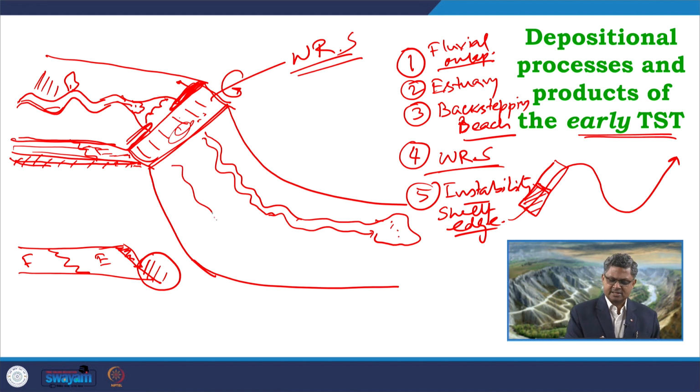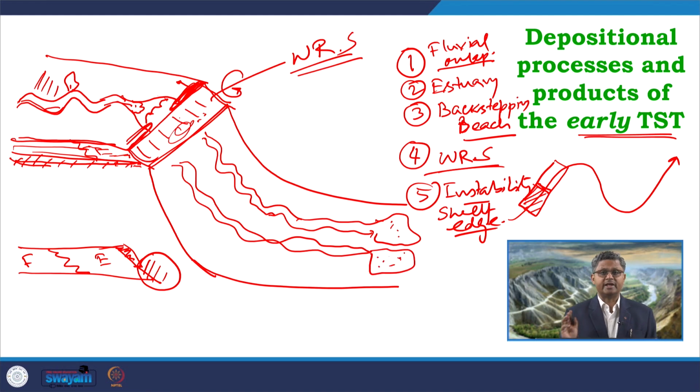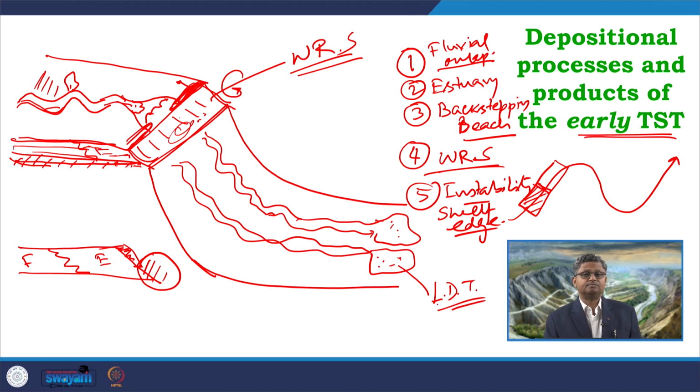So, there will be successive such leveed channels forming, and they will be coming over here and they will be distributed like this. So, successive leveed channels, and what will be the nature of the deposits? These are low density sandy turbidites, they will be coming over here. So, number 6 is formation of these low density turbidites through leveed channels.